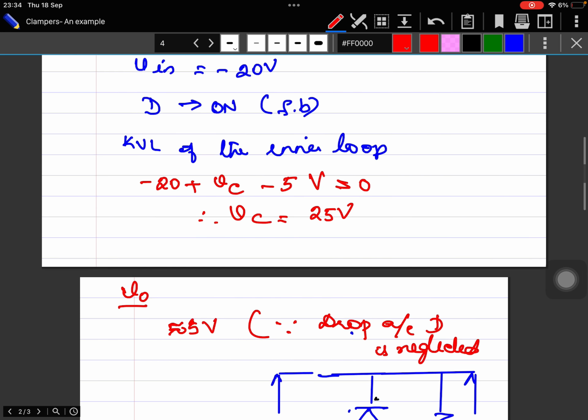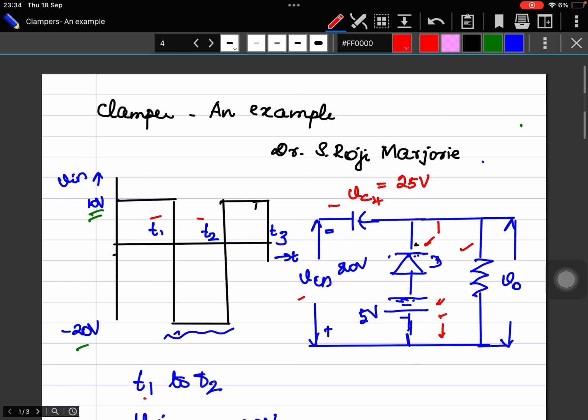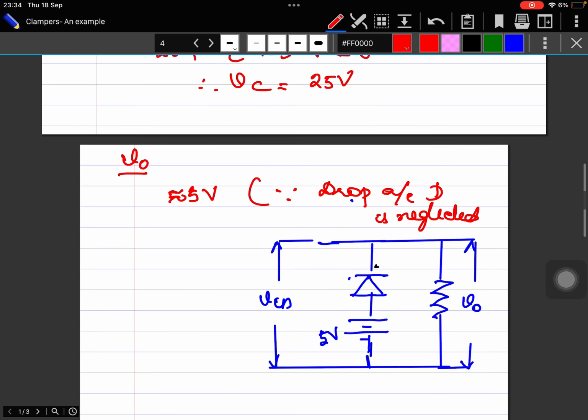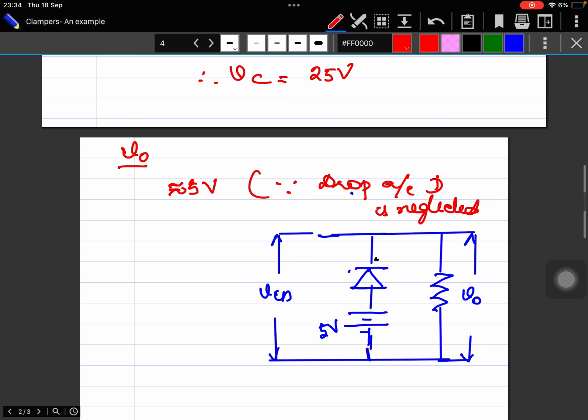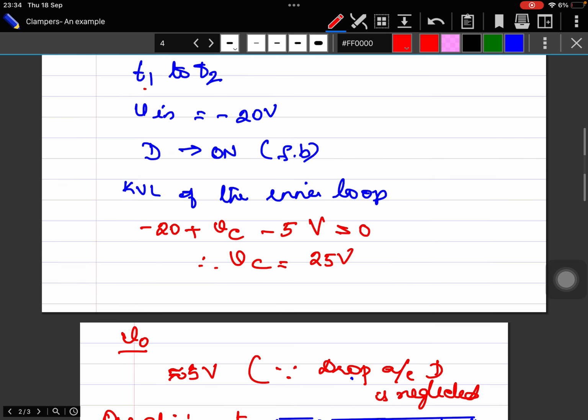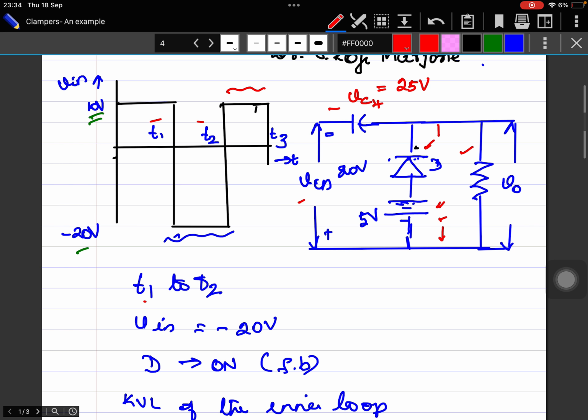Now I'll come to the next part, from T2 to T3. From T2 to T3, Vin is at 10 volts.